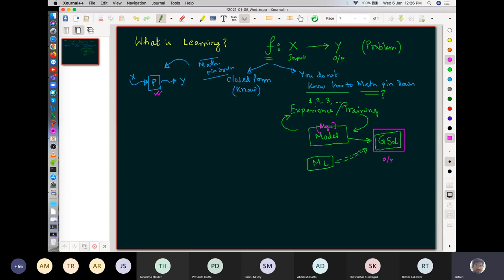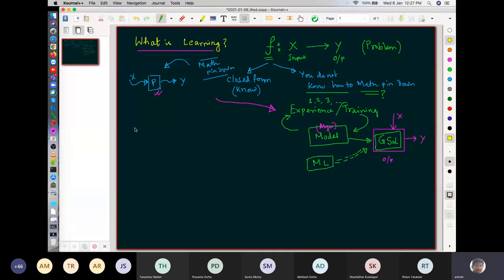This is my output of the learning. This program is now capable of taking X and producing the desired Y. This is the fundamental part where we deviate from a deterministic solution of a problem towards a learned solution of a problem. And that is what we mean by learning.